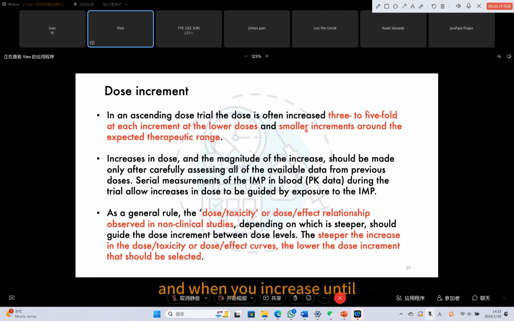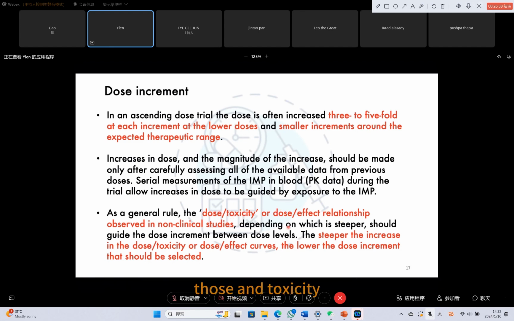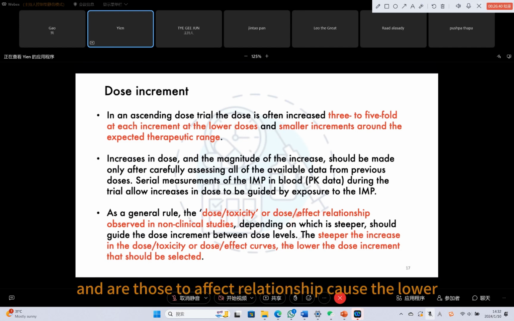When you increase until the drug is around the therapeutic range, a smaller increment should be expected. The general rule for dose increment is that the dose-toxicity or dose-effect relationship observed in non-clinical studies has to be considered. Depending on which is steeper, the dose-toxicity or dose-effect relationship curve, the lower dose increment should be selected.